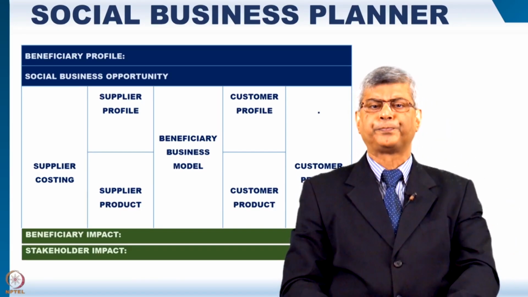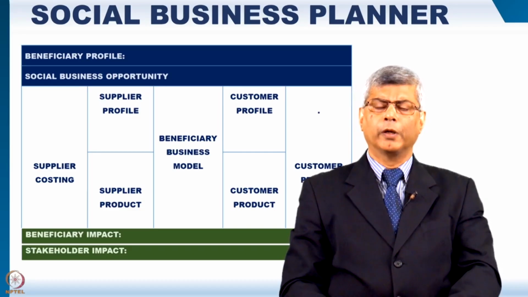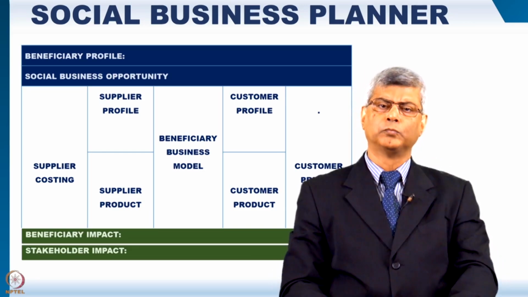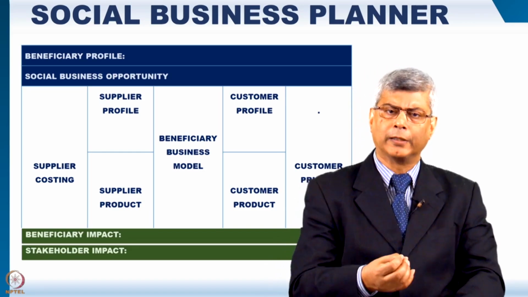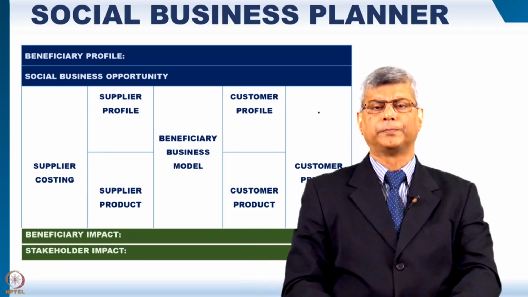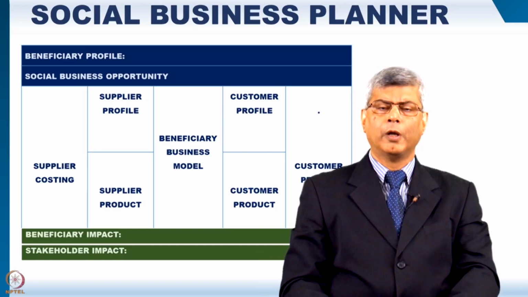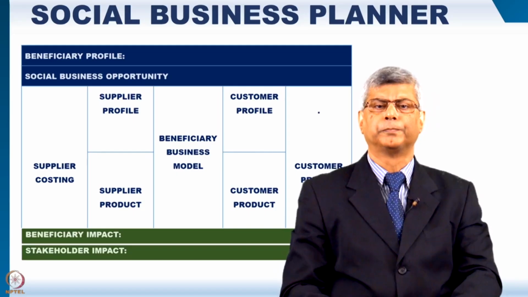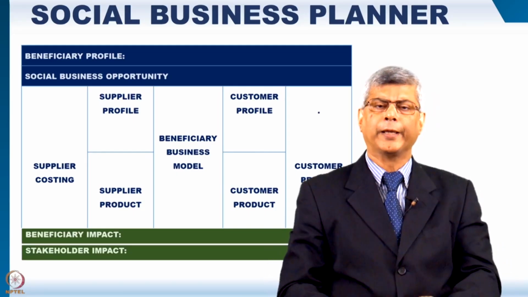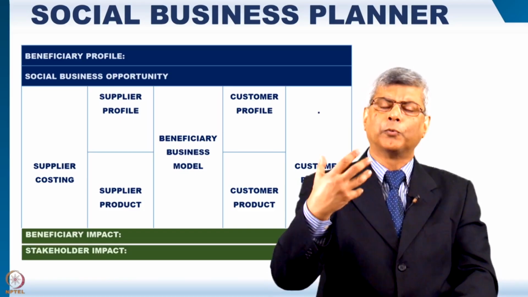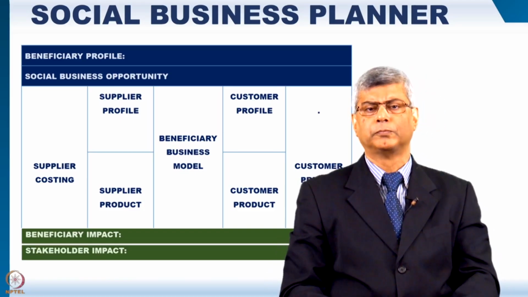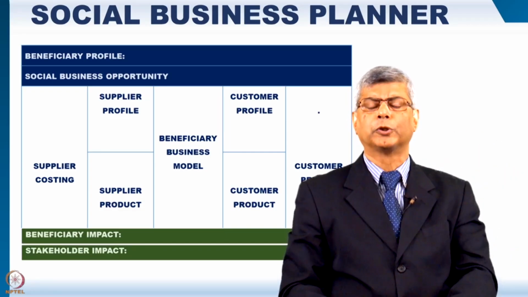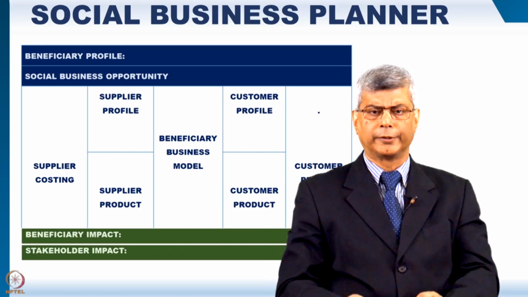For example, if you want to create a social business plan in a slum area, in Bombay or Calcutta or Africa or any of the not so privileged countries, the beneficiaries will be the inhabitants of that slum or the underprivileged housing area, or the wives of the farmers, or anybody who's not so privileged to get an organized sector job. So those are the beneficiaries.